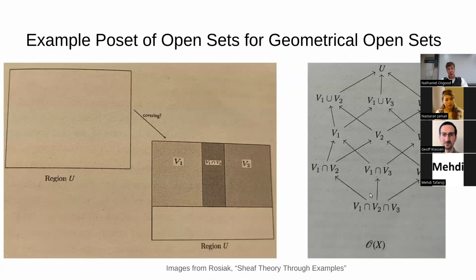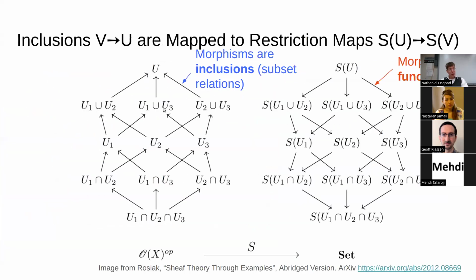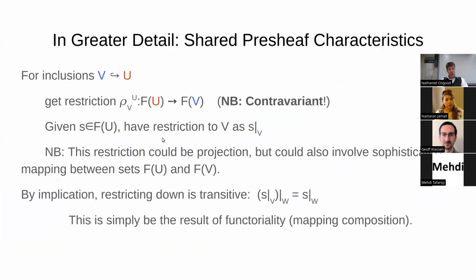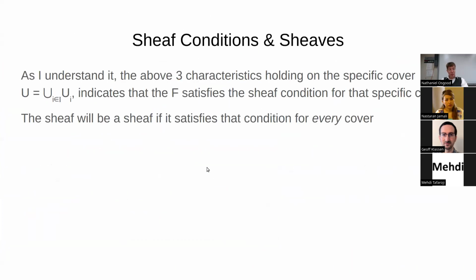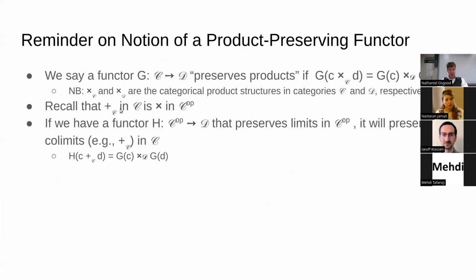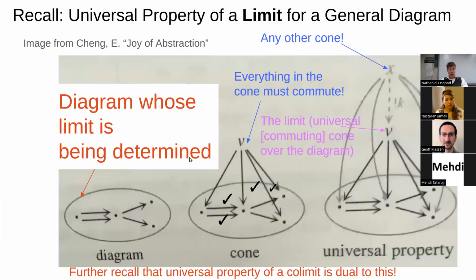Remember that for a topological space X, we had, do you remember what these are? These are sets, and what does this morphism represent? This is actually in the topology. So maybe I'll remind us, they are subset relations.